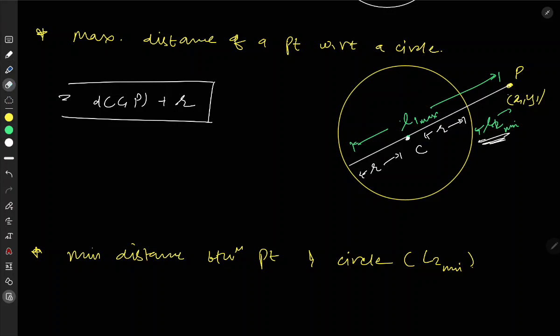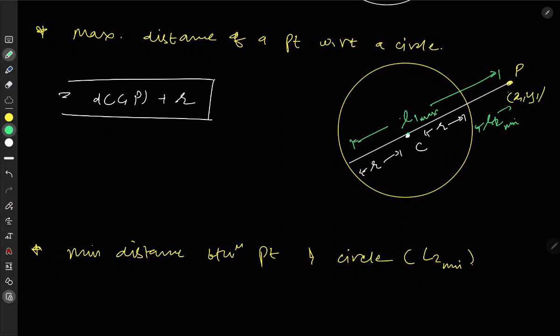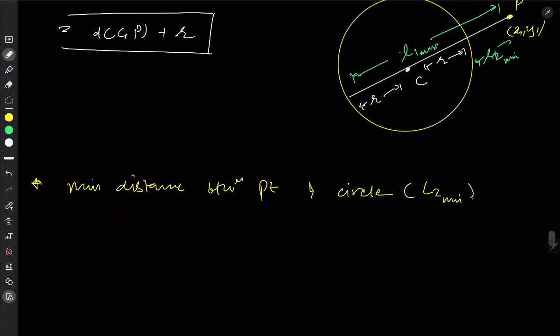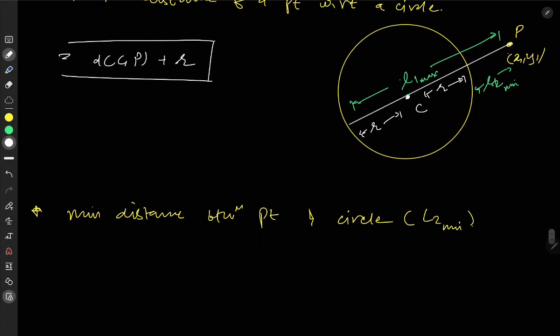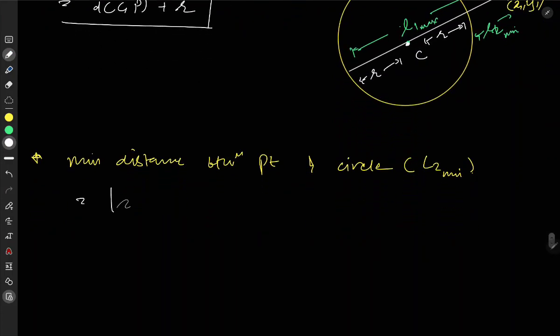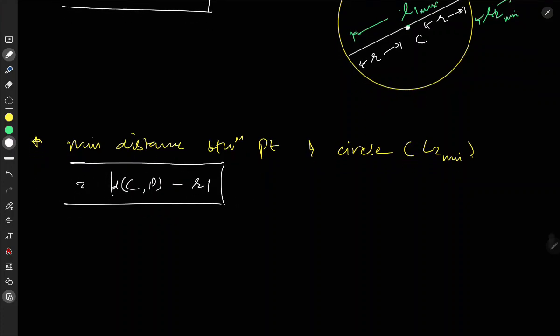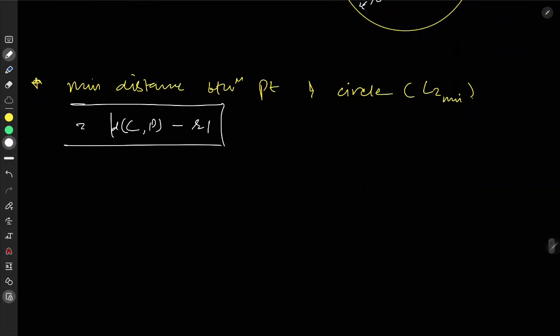So we put a mod over there because distance cannot be negative, so all those subtractions sometimes might cause an error. So mod of distance of C comma P minus R. This is the formula for minimum distance.